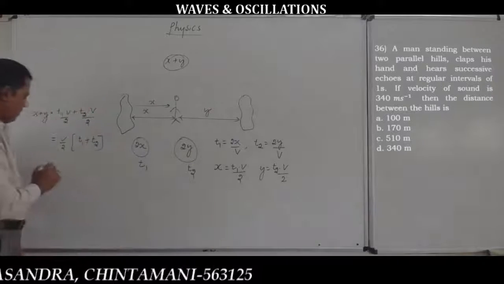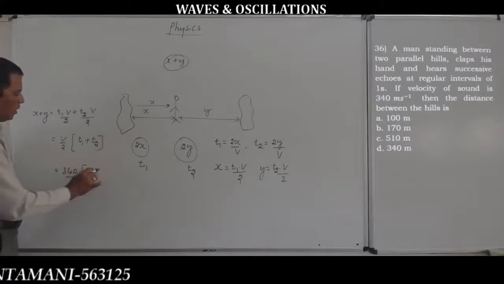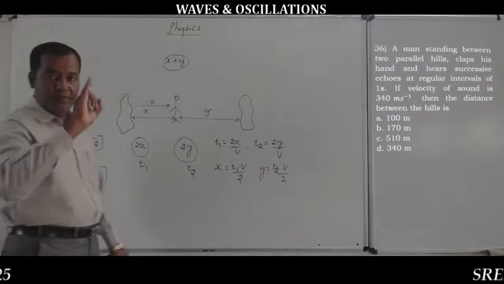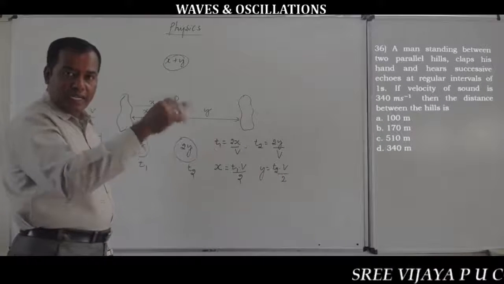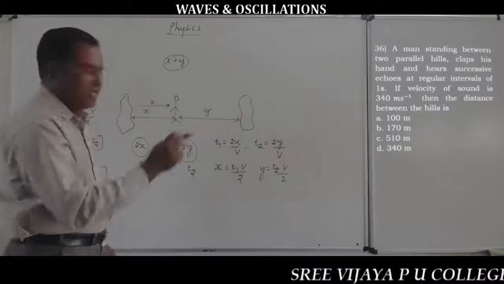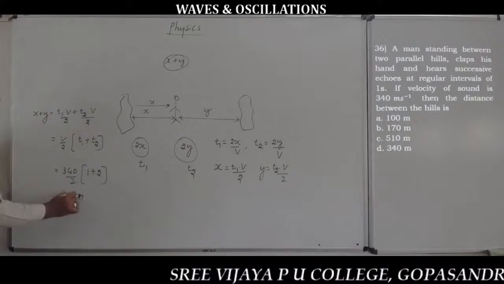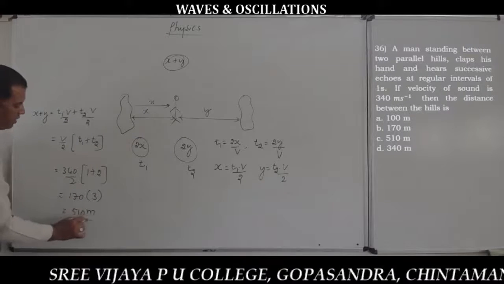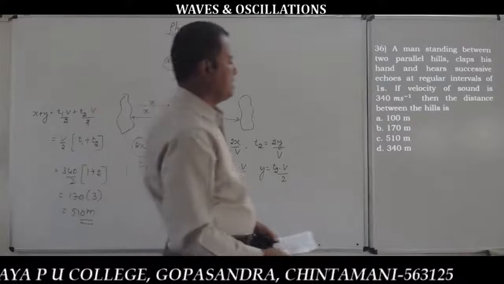So therefore v by 2, 340 by 2 into 1 plus 2. For the first echo it is the first 1 second. For the next echo it is the next second, but the first plus second second. Therefore it should be 1 plus 2. 170 into 3. Therefore we get 510 meters.